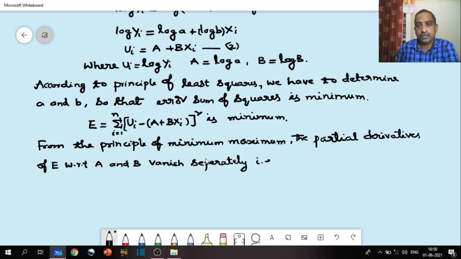What does it mean? It means dou E by dou A equals 0.